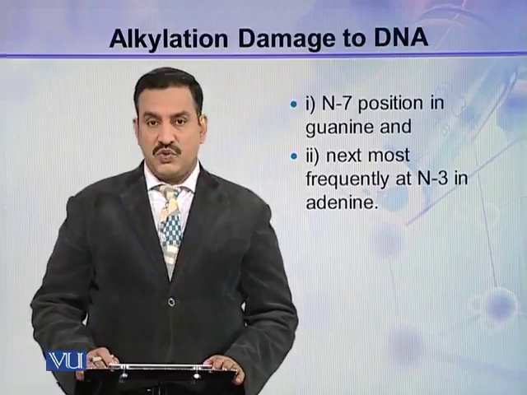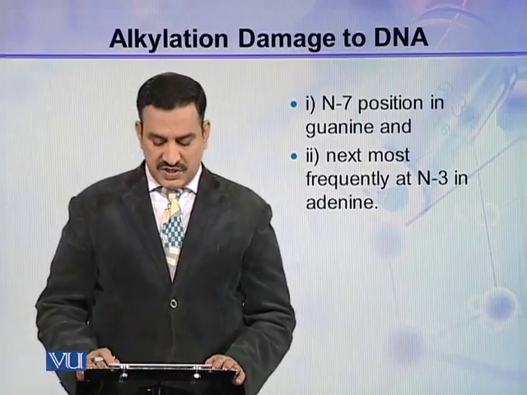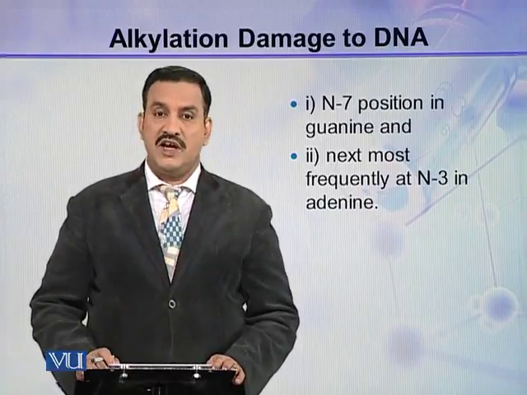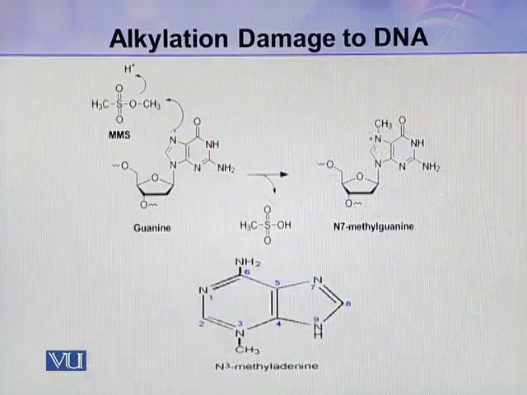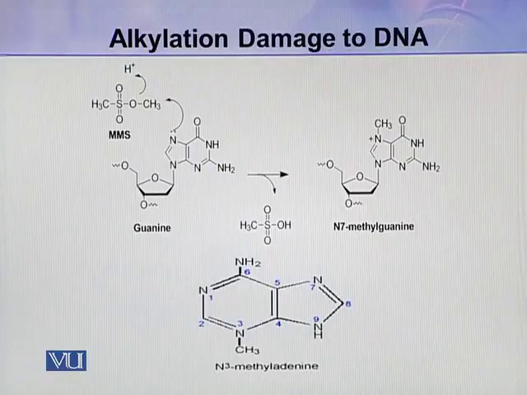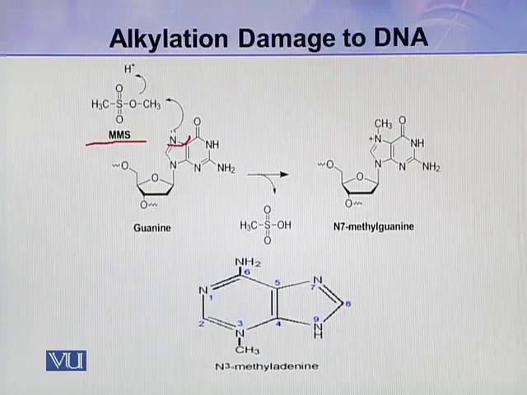Next, the most frequent methylation also takes place at N3 in the adenine base. So here you can see this methylation by MMS. Here it is MMS, and this one is N7 of guanine.